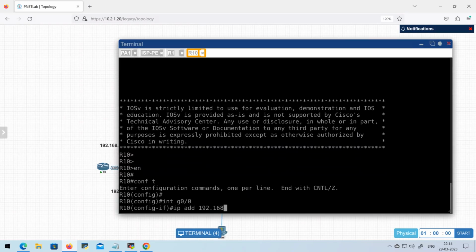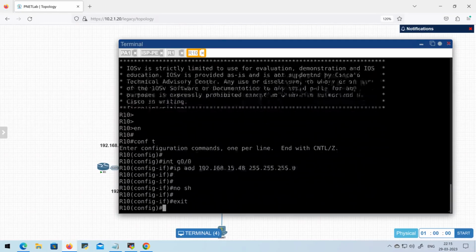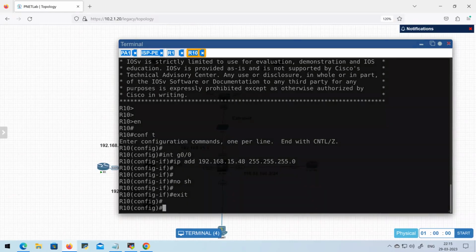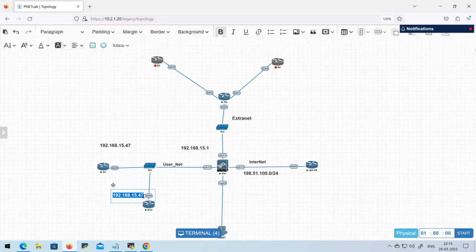192.168.15. So we have two routers, one is 47, the other is 48.